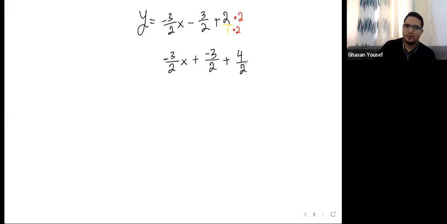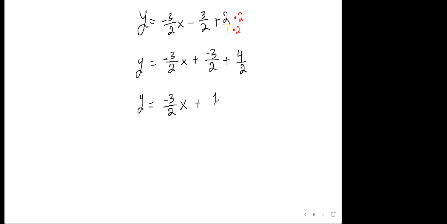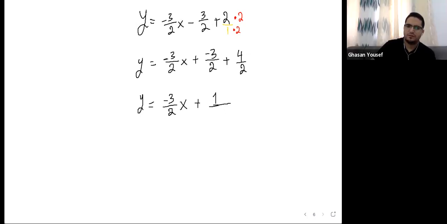Now the denominators are equal, 2 and 2, so I get y equals minus 3 over 2 x, and minus 3 plus 4 is positive 1, so 1 over 2.